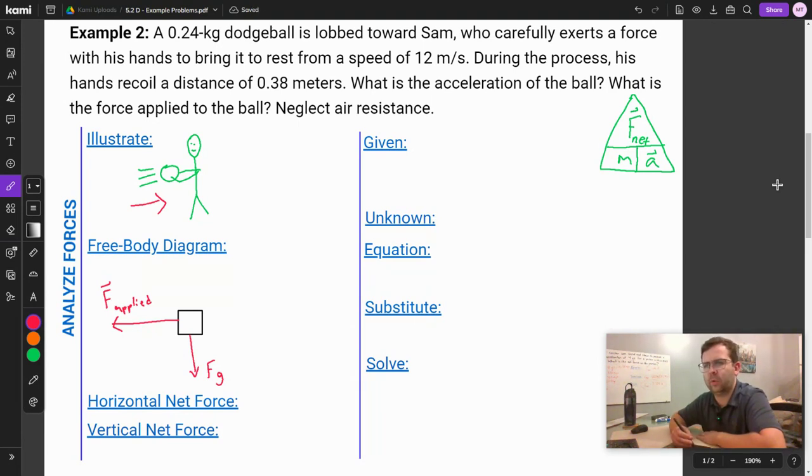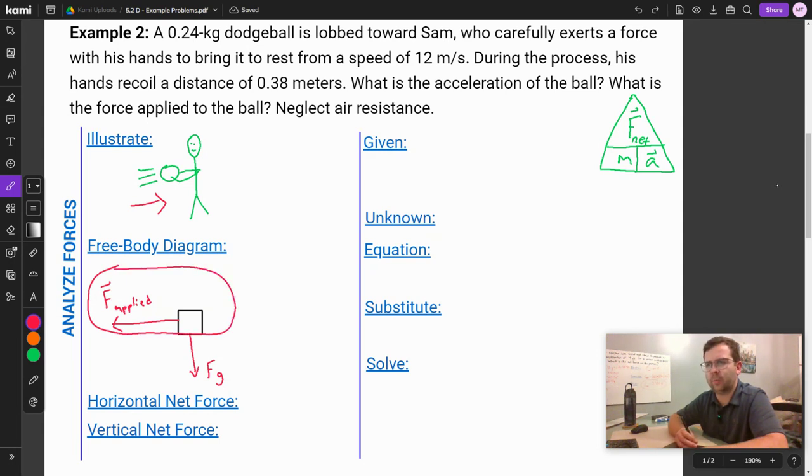So we have this situation where you have two forces. One is horizontal and one is vertical. We're going to keep things a little bit simpler for the scope of this class. We're not going to concern ourselves with the fact that the net force is going to be somewhere in the middle of these two forces, which is technically true. When it asks for the acceleration of the ball, though, we're really only focused on the horizontal acceleration.